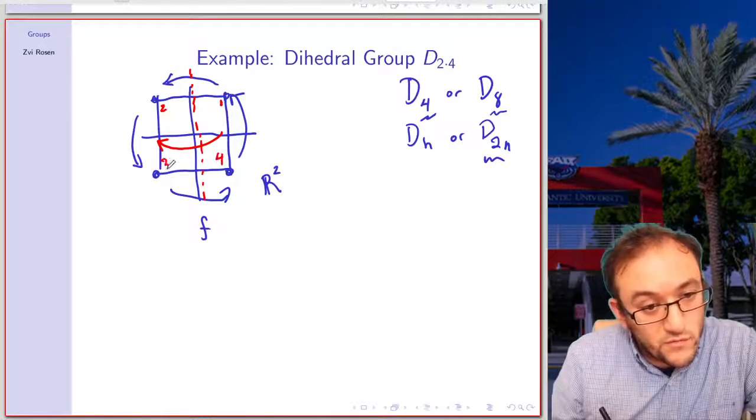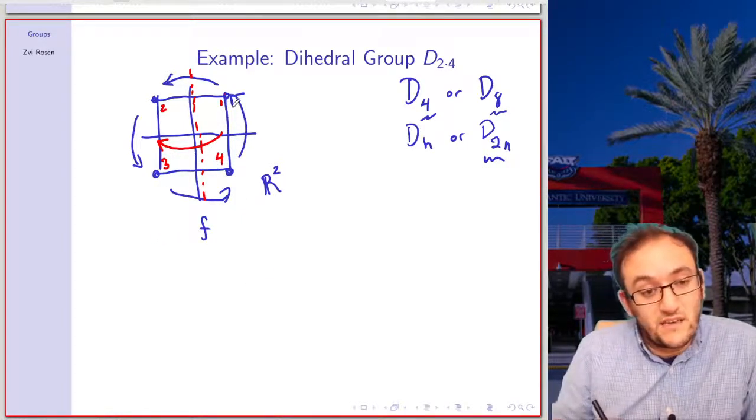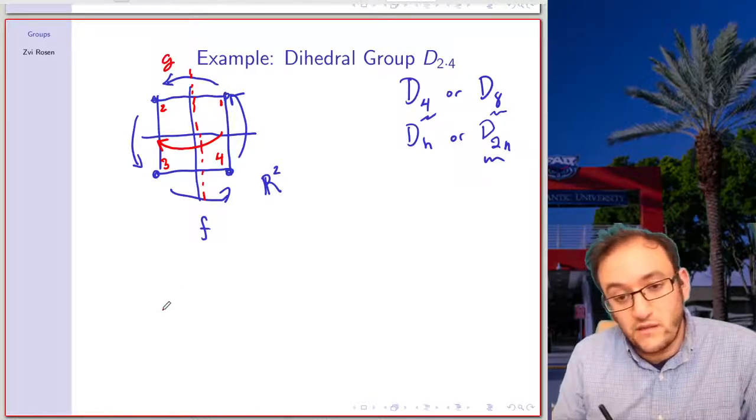This will be 4, this will be 3. And vertex 3 and vertex 4 will swap places, and that we'll call G. Okay?